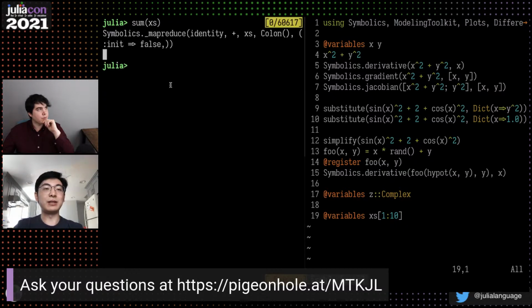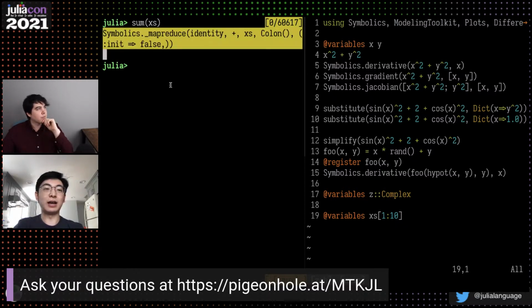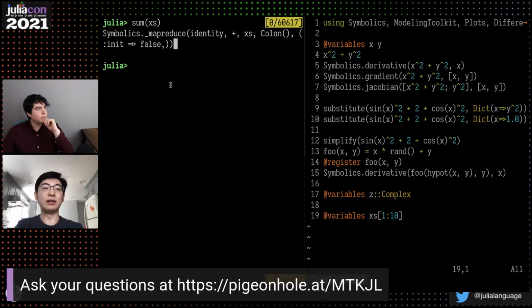But by default, the summation is going to be lazy, so we don't index into xs and then sum them one by one. It's a map reduce operation. The map is identity, and the reduction function is the plus symbol. And then the initial value of the reduction is false, which is another way of saying 0. So this is just a lazy representation of the summation operation.